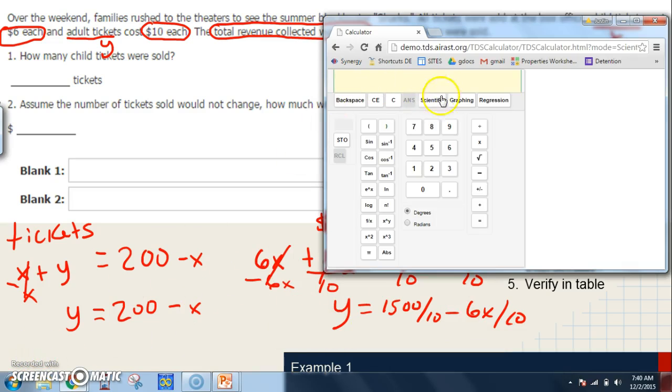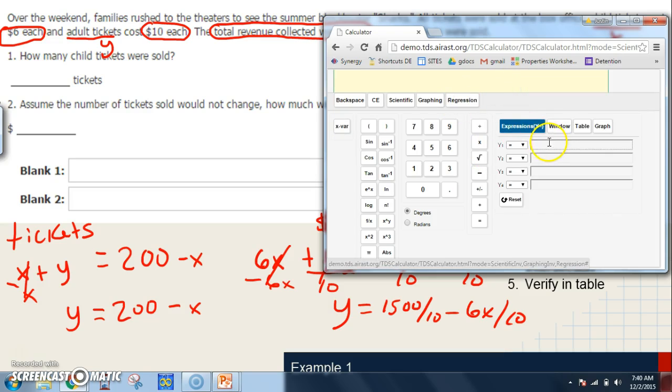So we've got our approved calculator here, and we're going to go ahead and put in these two equations and look for an intersection point. So that's going to be graphing. I'll use the graphing tab. And I can go ahead and just type in here, y equals 200 minus x.